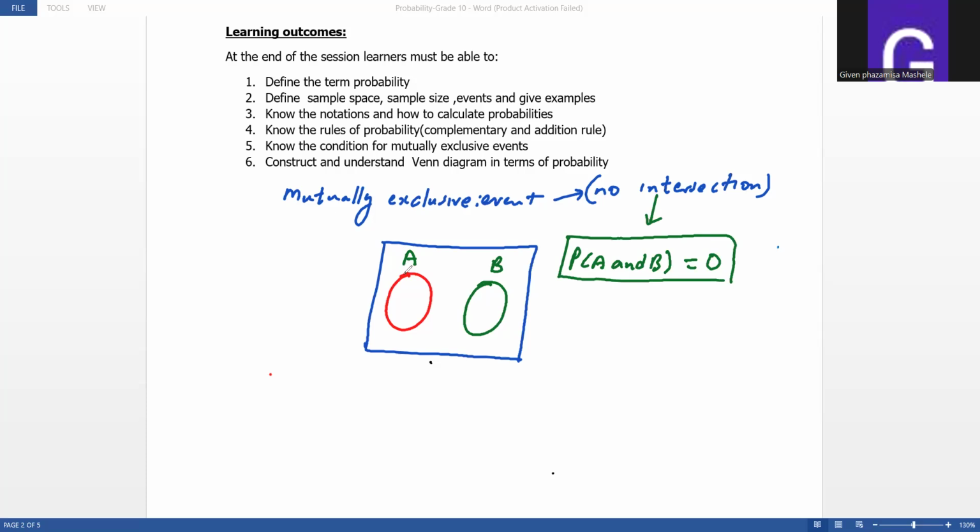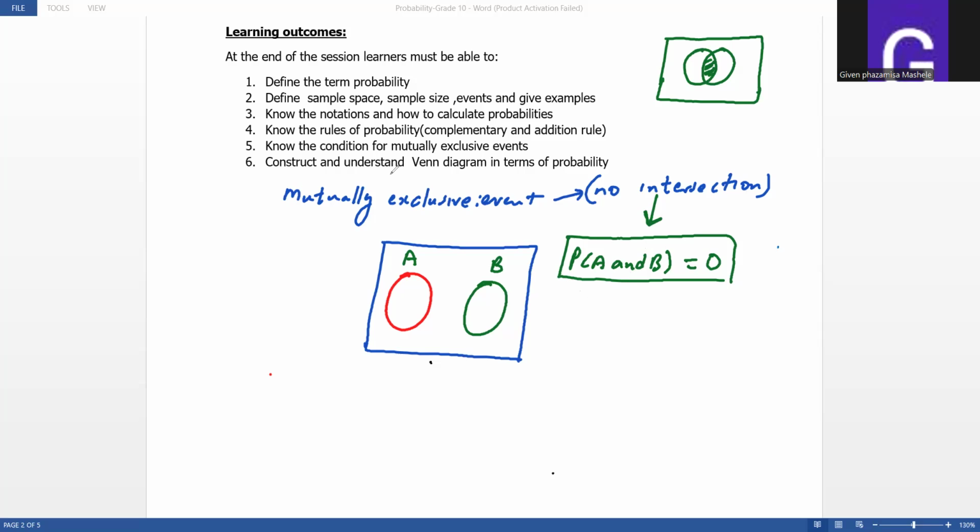Unlike if it's like this: if they intersect, they are not mutually exclusive because the probability of A and B this time around is not 0. So for events that are mutually exclusive, the probability of A and B is always 0. I'm not talking about or, I'm talking about and.